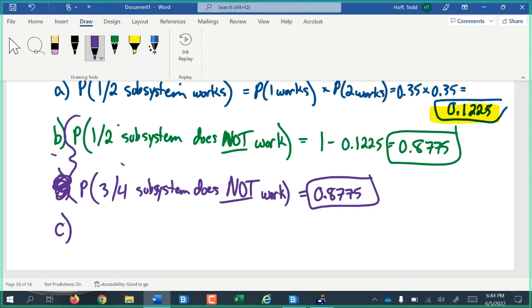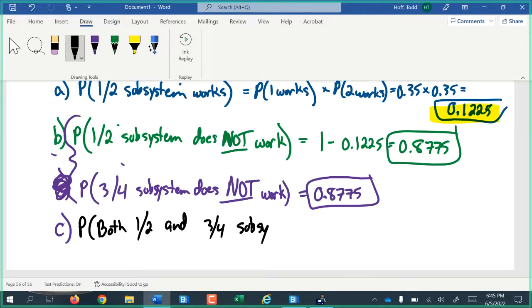The system won't work if both systems fail. So what we're looking for here is what is the probability that both the 1-2 and the 3-4 subsystems fail. So both of them will not work. So again, they're independent.